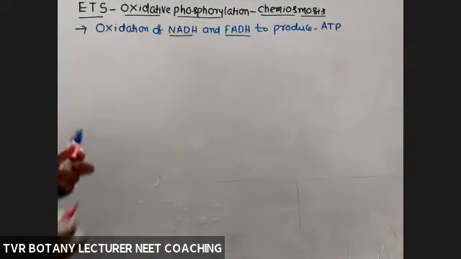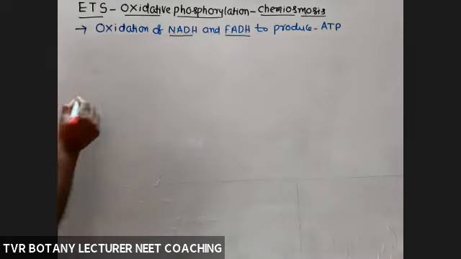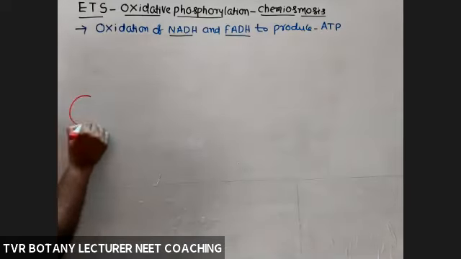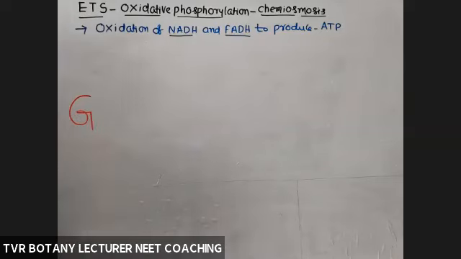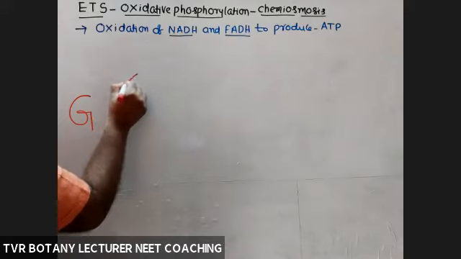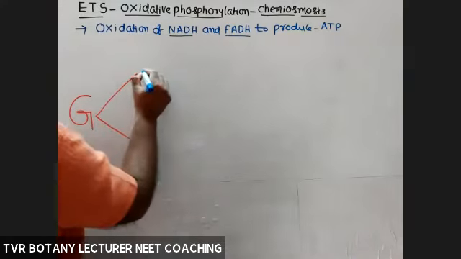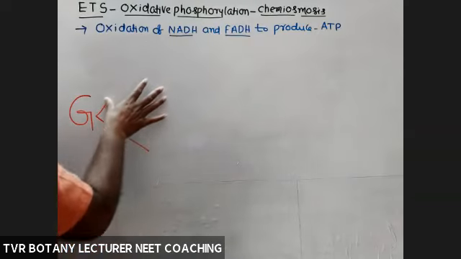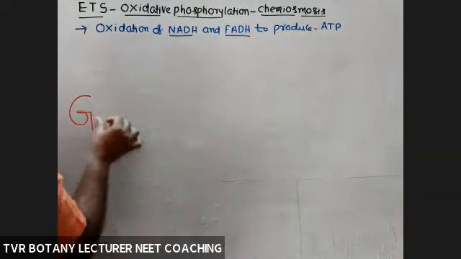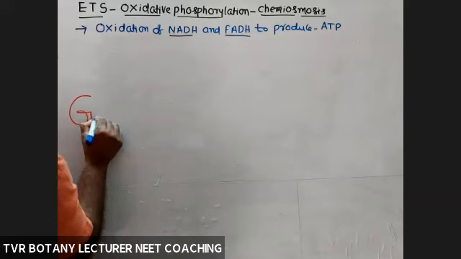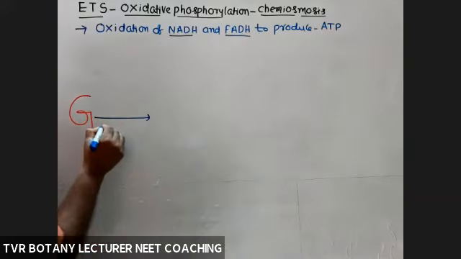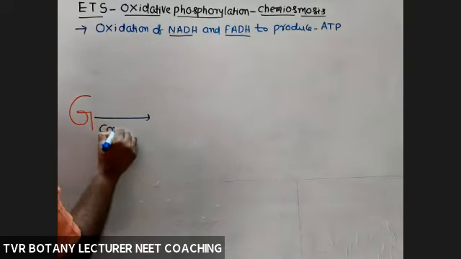So out of one glucose molecule completely oxidized, the total number of reduced coenzymes is 12 reduced coenzymes. I'll give you differently. Wait. Complete oxidation.